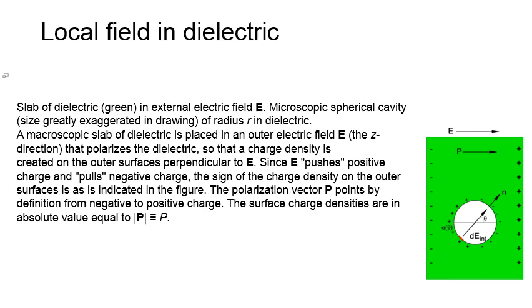Before going to the CM equation, we must understand the meaning of local field. If a slab of dielectric is placed in an external electric field E, here I have shown the slab in green color. I have not shown the capacitor here like this. These are the plates of the capacitor, in red color.